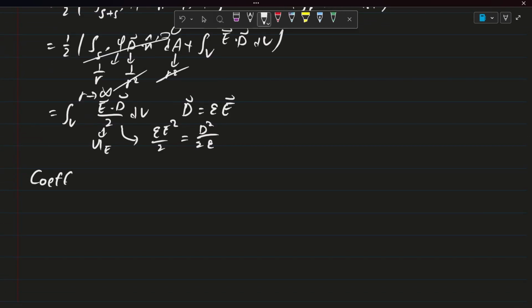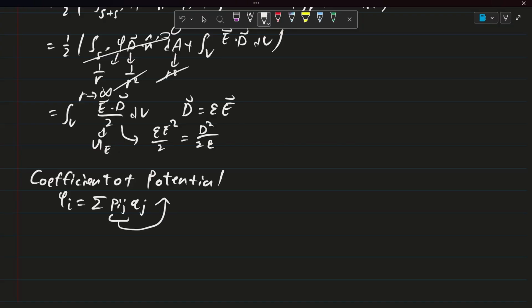And in here, we'll be focusing on the energy from the coefficient of potential. So if you remember previously, we defined the coefficient of potential to be phi i is equal to the sum of Pij Qj, where Pij is the coefficient of potential. So with this, we could define what is the potential energy.